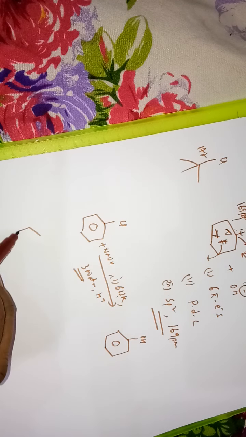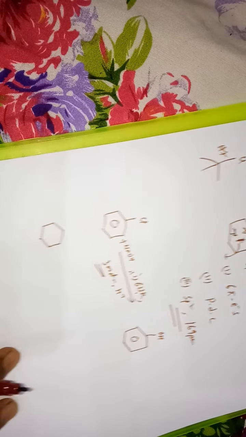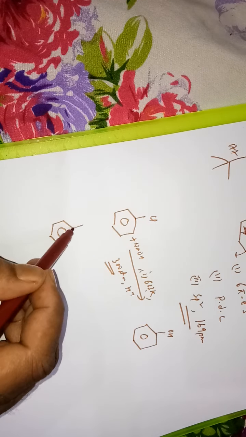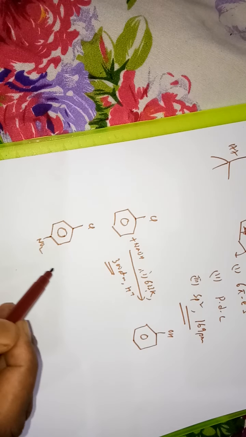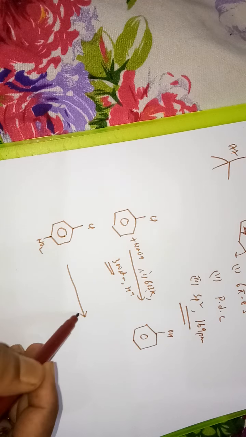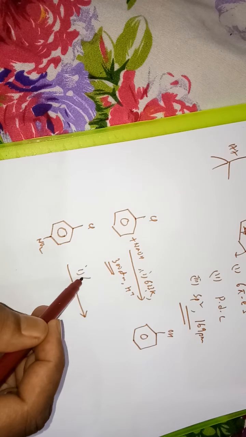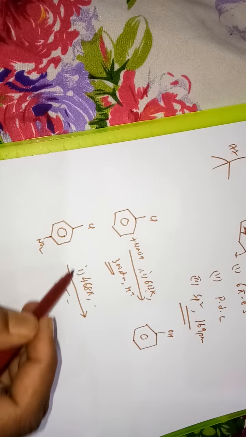Now the conditions can be milder if you use an electron withdrawing group at this position. In that case, the temperature is 468 Kelvin, and the rest of the conditions are the same.